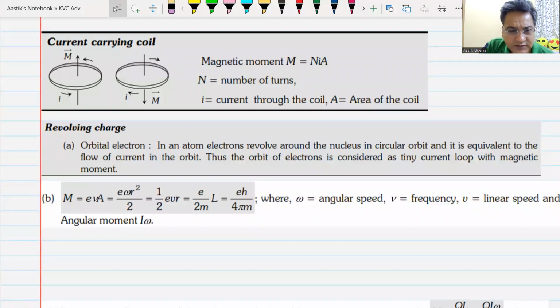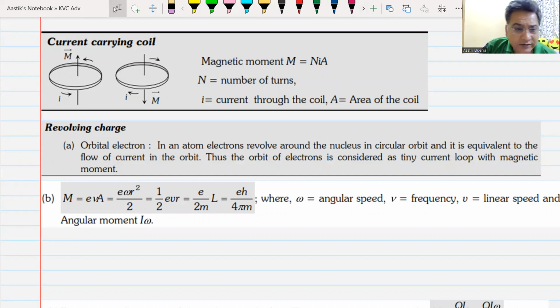Now we can also see and remember the magnetic moments of various types of bodies. We will again come across these terms when we go further into the topic, but if we can understand it here, it will be better.